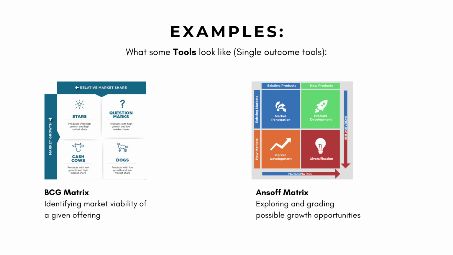Either your product or your offering is a star or a question mark or a cash cow or a dog under the BCG matrix. Or if you're using the Ansoff matrix, it is either market penetration or product development or market development or diversification. Now, with the Ansoff matrix, you can find that your offering can sort of lean into two sectors or two outcomes, but more often than not, you're getting one or the other.